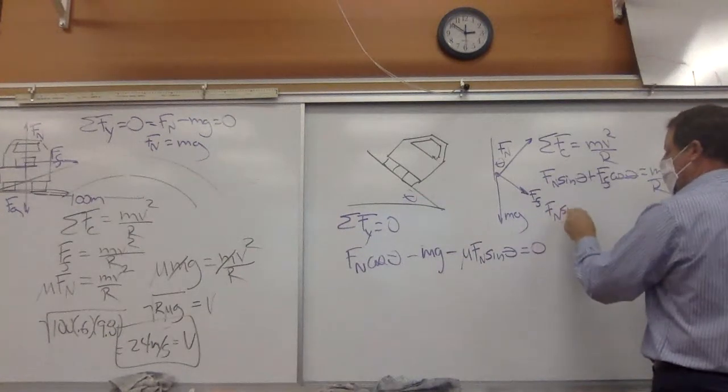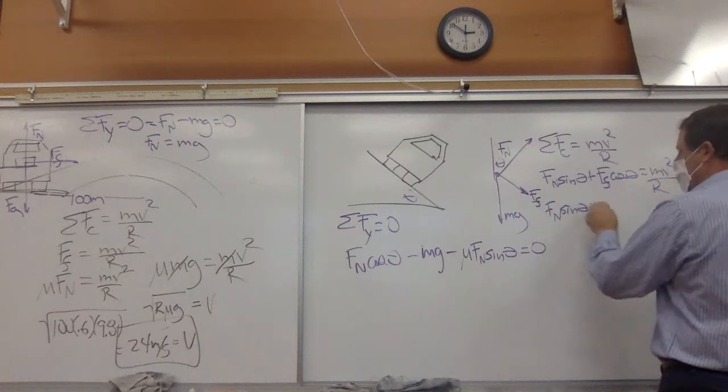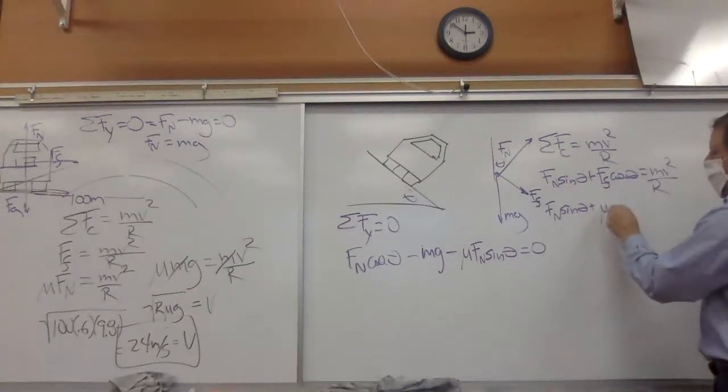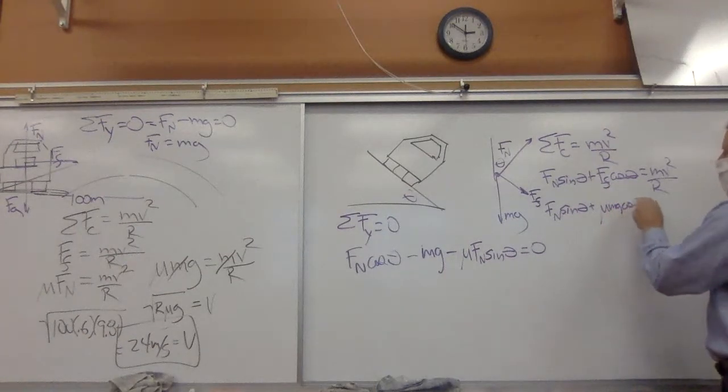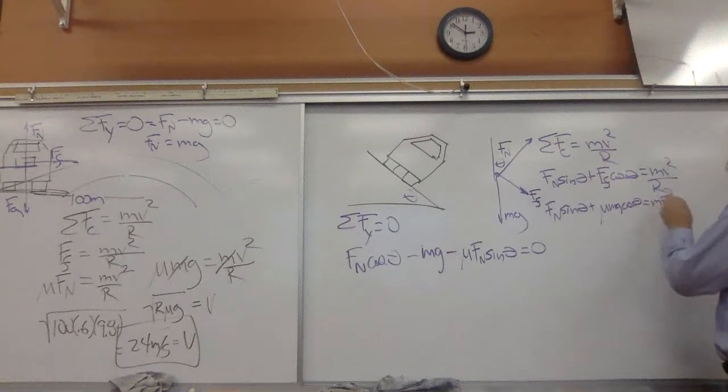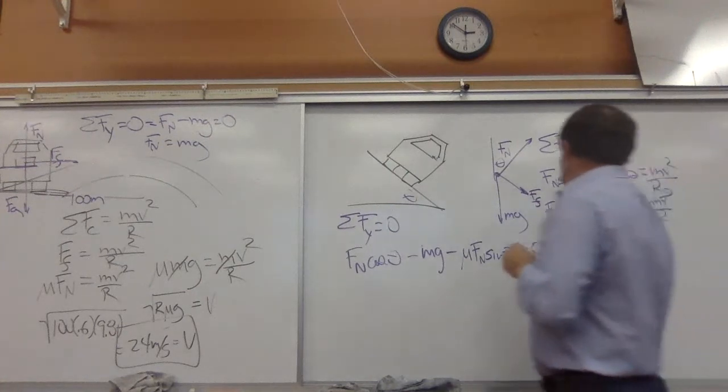And this is force normal sine theta plus mu mg cosine theta is equal to mv squared over r.